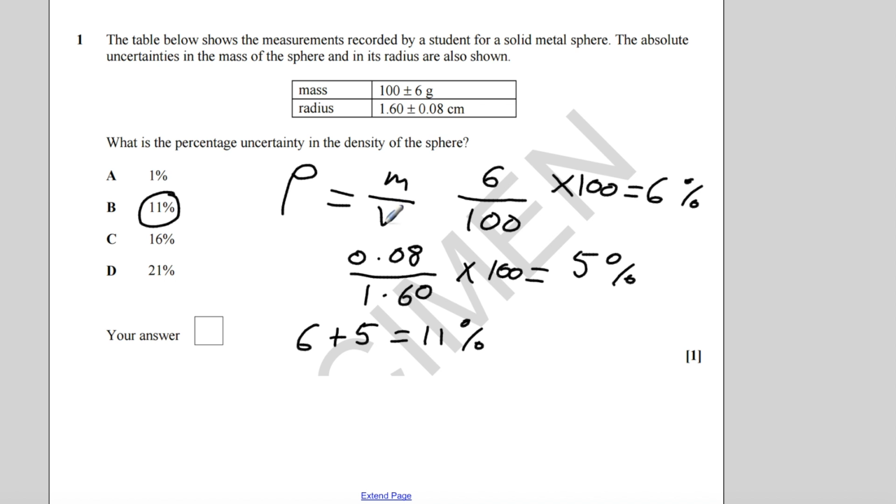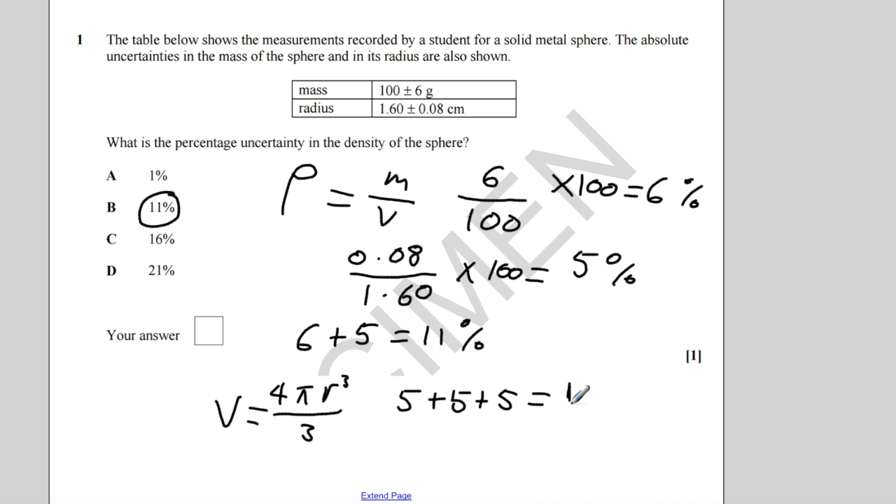The reason being is the measurement here is the radius, and to find the volume we need to do 4 pi r cubed over 3, and that gives us our volume. So effectively we're multiplying the uncertainty here, so we need to add the percentage uncertainty here. So we've got a percentage uncertainty of 5 plus 5 plus 5, because we're using the radius 3 times.